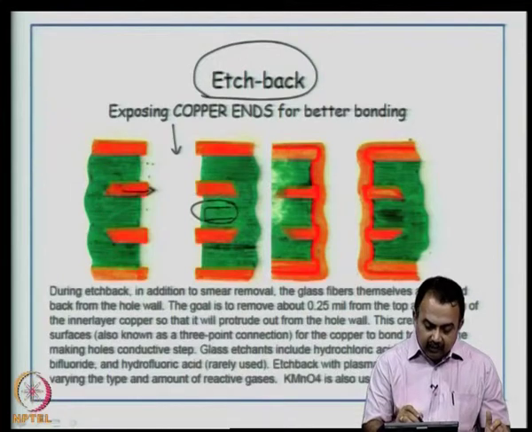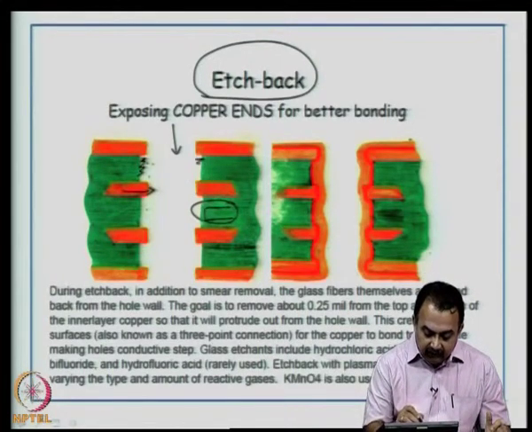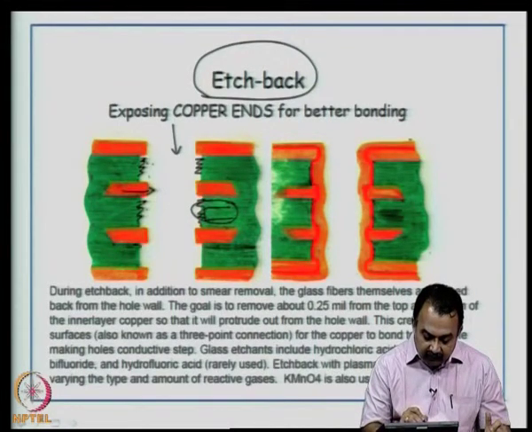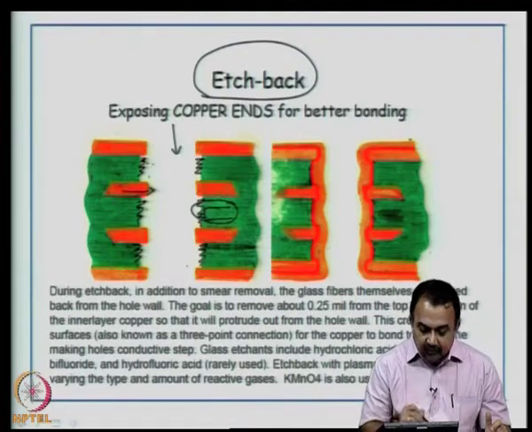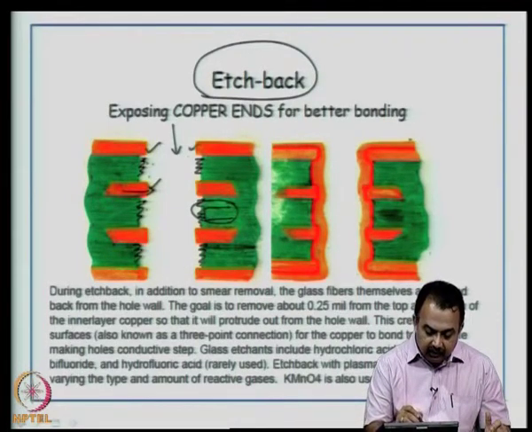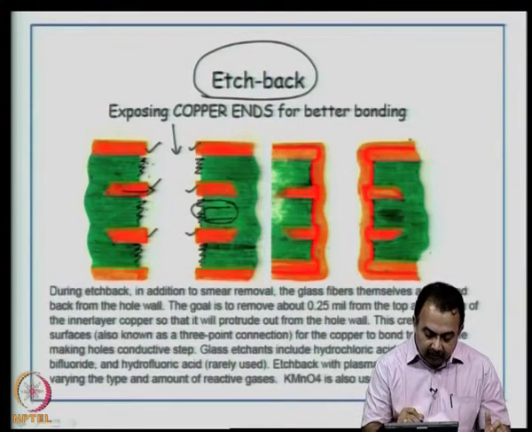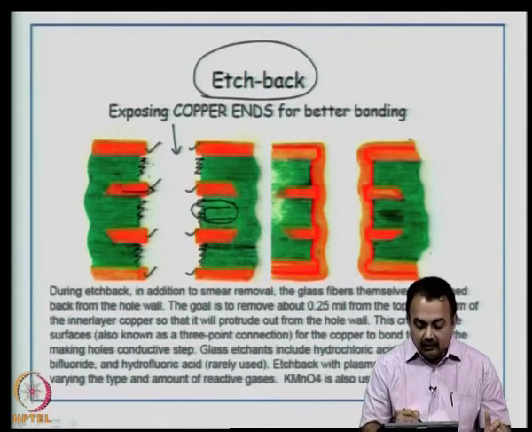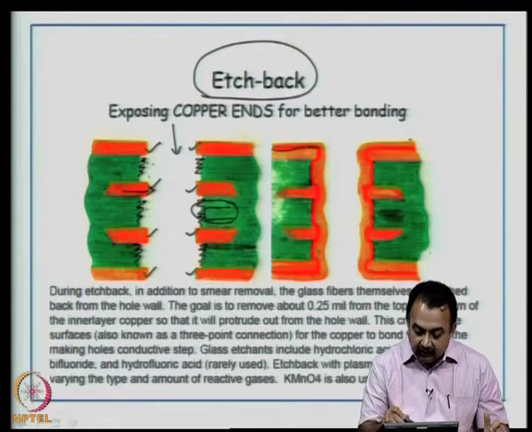You do epoxy desmearing, which means you remove these kinds of epoxy smear materials, or even the base, the pre-preg material, to an extent that you see the protruding areas of all the inner layers of the copper, including the top. Now, you do an electroless plating, as shown here in dark red, then you follow it by electroplating.